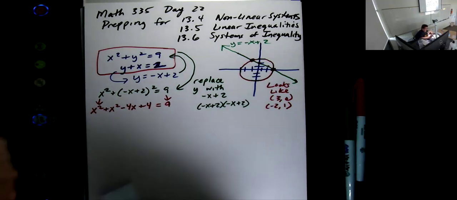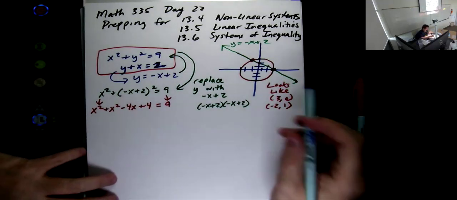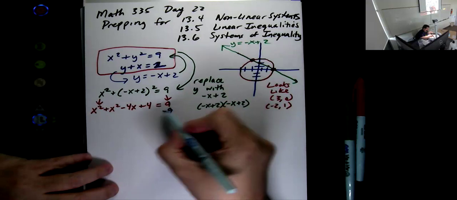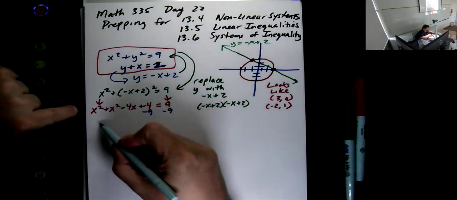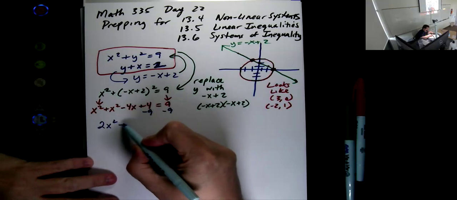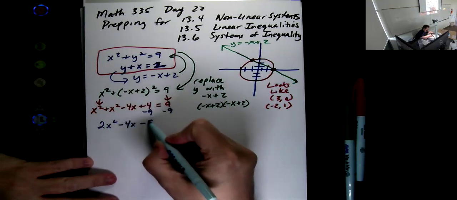Everyone with me? I'm gonna subtract the 9 over, and group together the x's, and I got 2x squared minus 4x minus 5 equals 0.